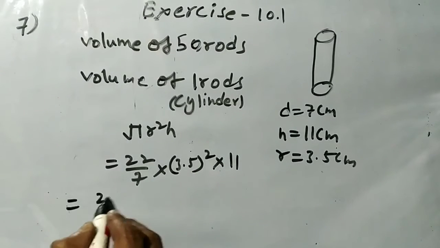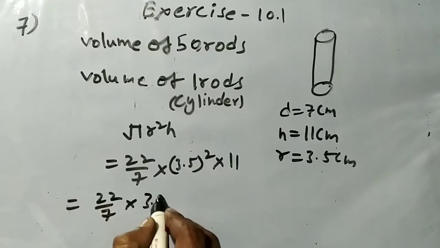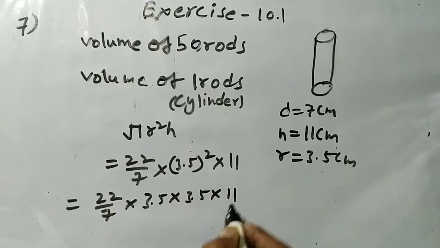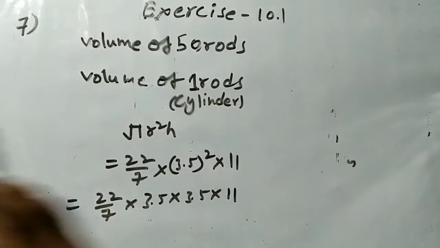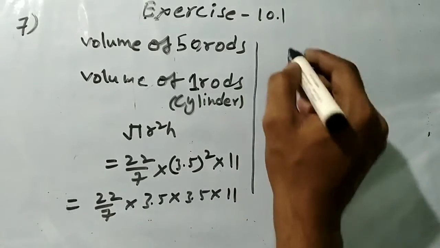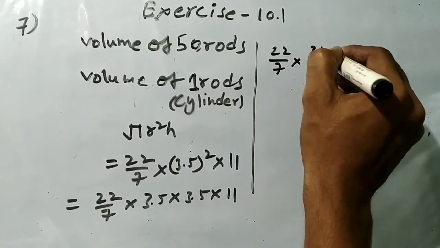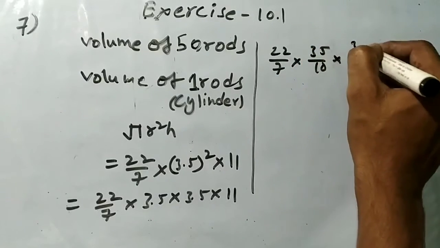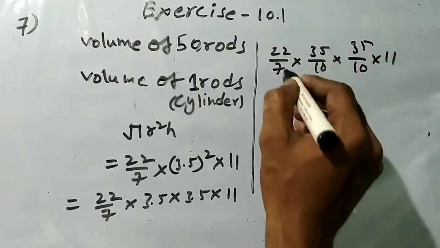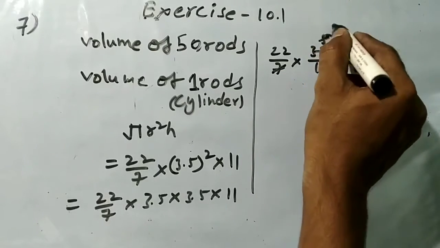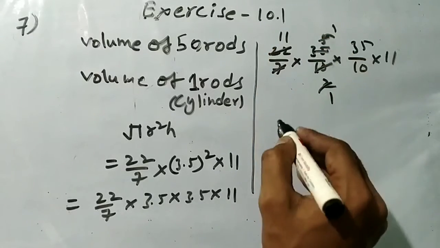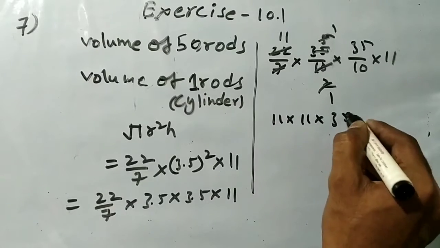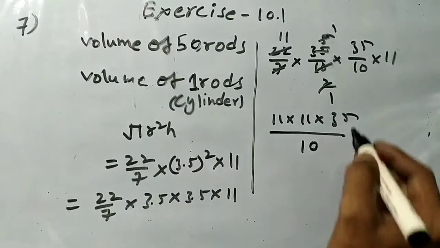The 3.5 is written as 35/10, so 22/7 into 35/10 into 35/10 into 11. Simplifying, we get 11 into 11 into 35 by 10. If you do this, you will get the answer.